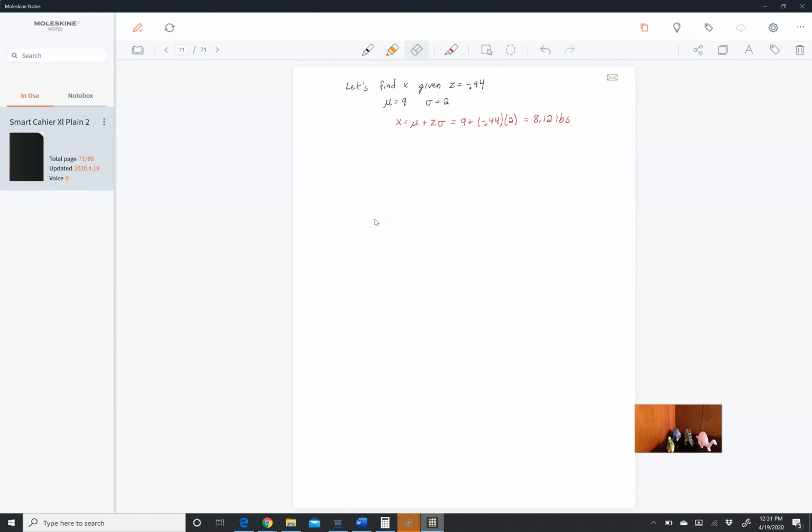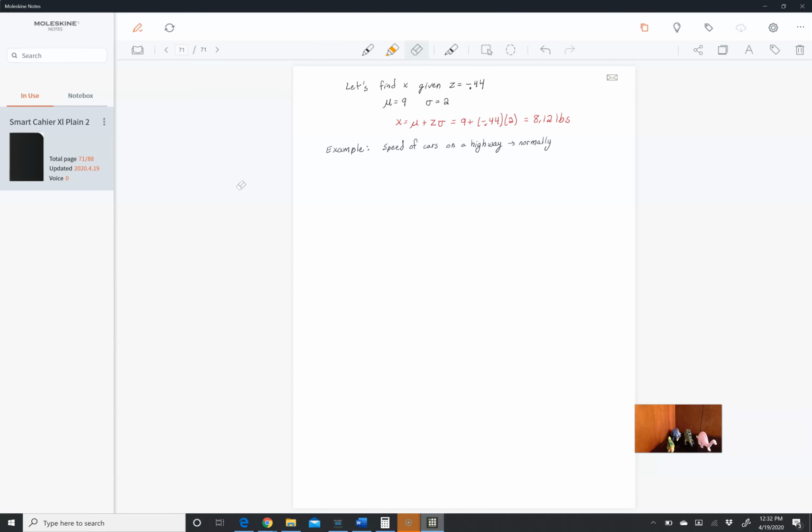Okay, let's go back to a different problem. Let's go back to the cars problem. I think this was the last lecture. Speed of cars on a highway. So it's normally distributed.